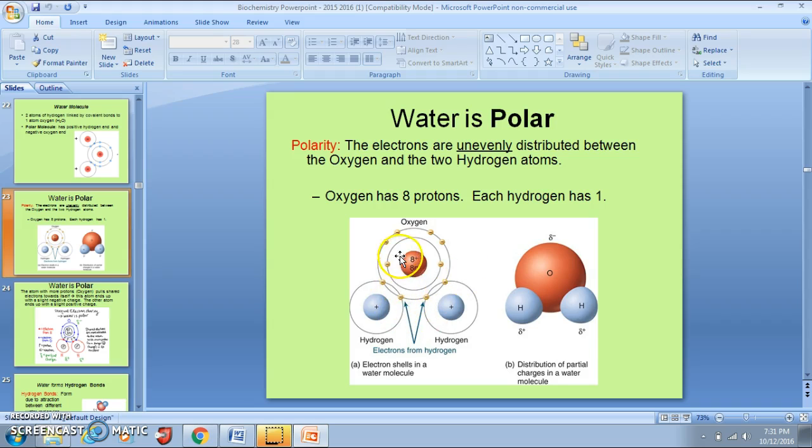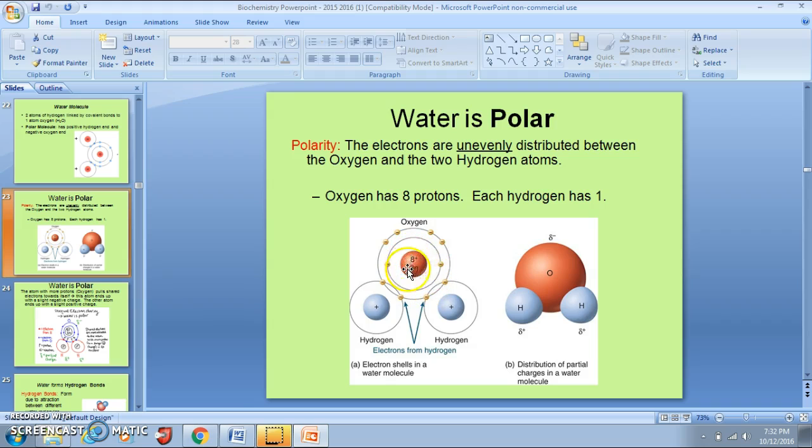That's going to result in oxygen gaining a slight negative charge because it's holding those negatively charged electrons very closely to itself. And since hydrogen is kind of losing those shared electrons to oxygen, it ends up with a slight positive charge. If you're losing a negative charge, that means you're gaining a positive charge.